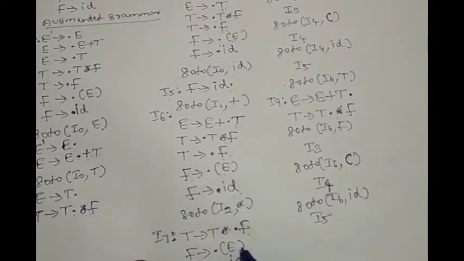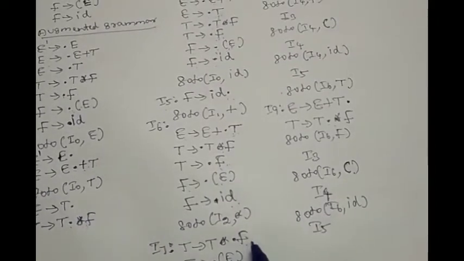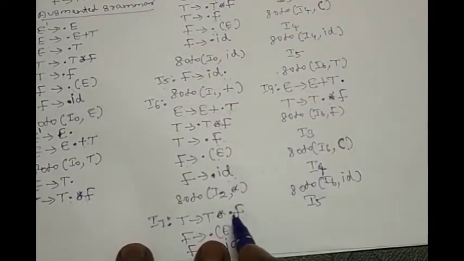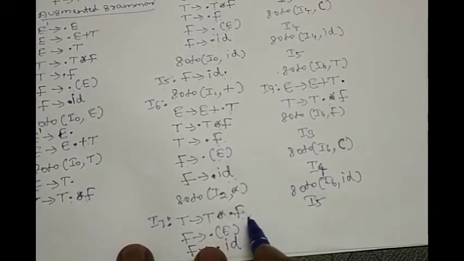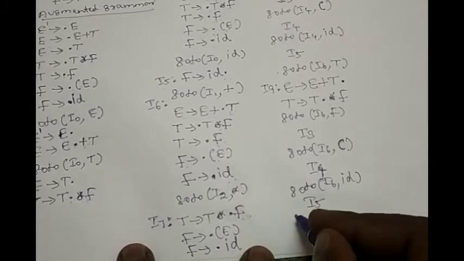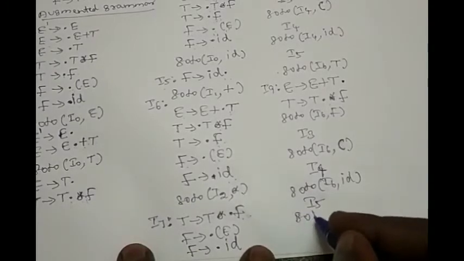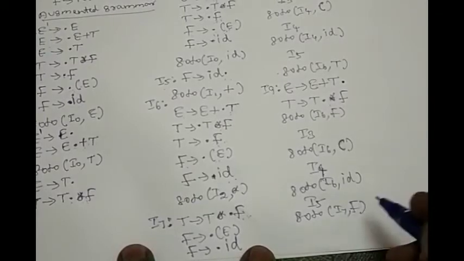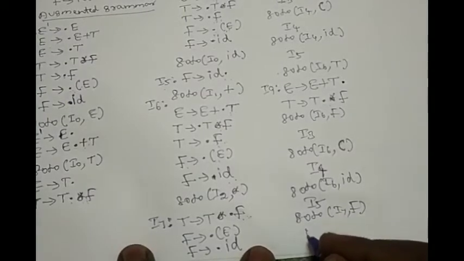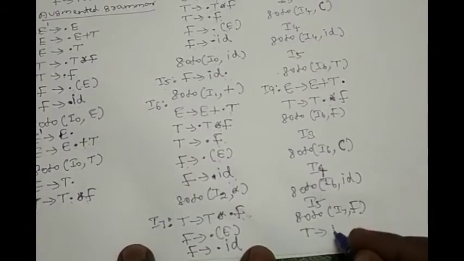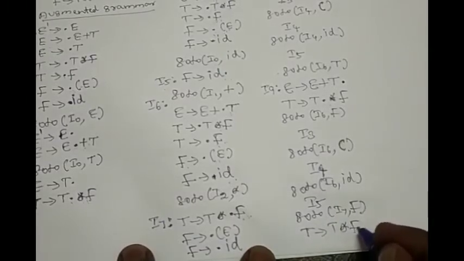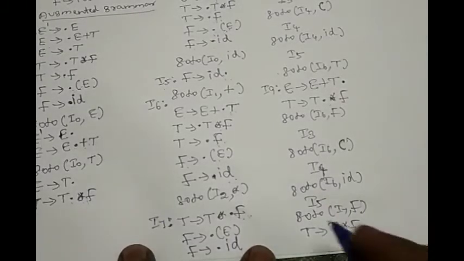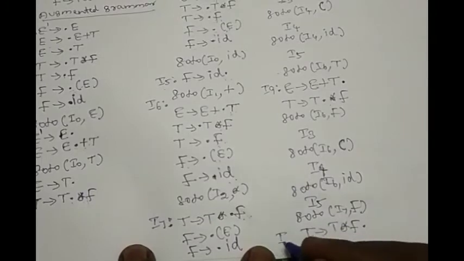Now come to I7. So I7 is T tends to T star dot F. When I do this, I can write goto of item set 7 comma F. This will give me T tends to T star F dot, and that has to be named as a new item set.